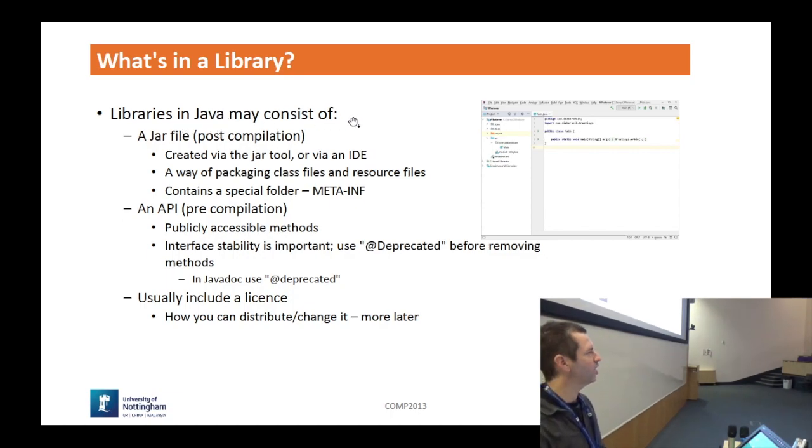IntelliJ actually will let you create a jar file. So if you actually wanted to write a library and release it, then you would create a jar file. You can package a bunch of classes together, and there's a special folder that they all go into. This is something after compilation.